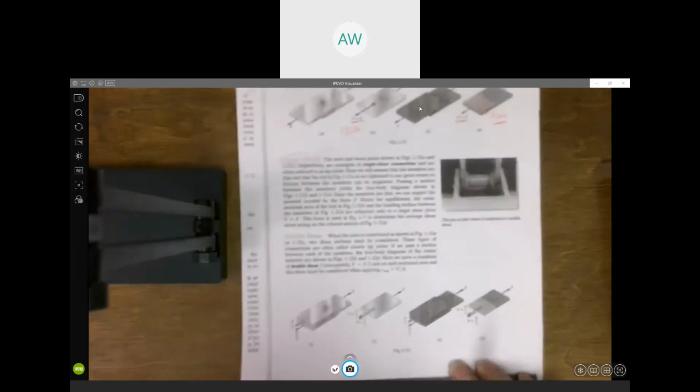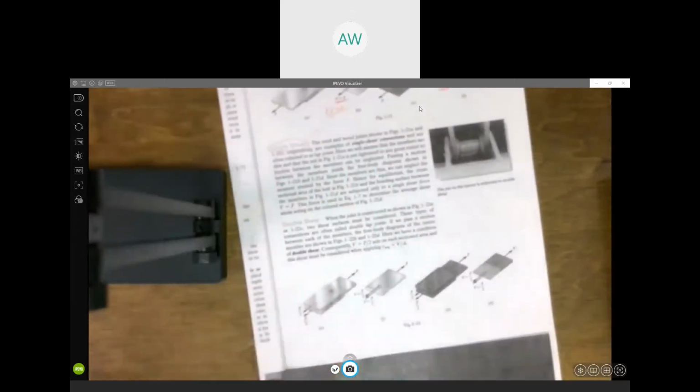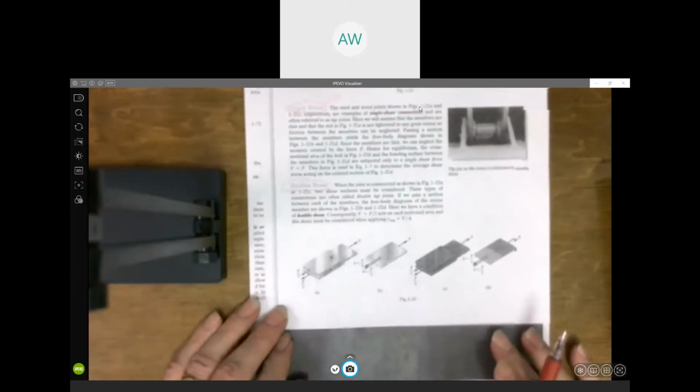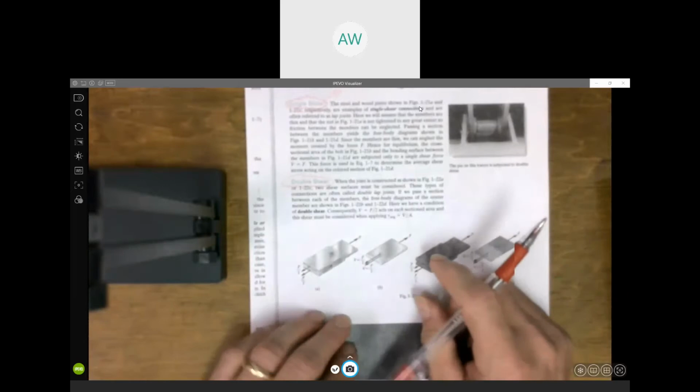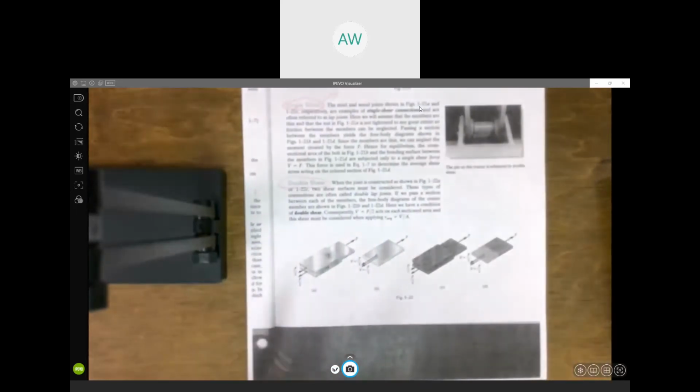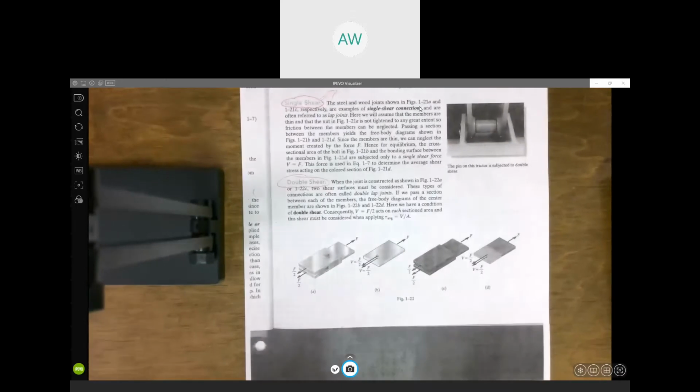So let me get a sheet of paper here. So double shear is... come on, folks, sorry. Yeah, I have a problem. There we go.